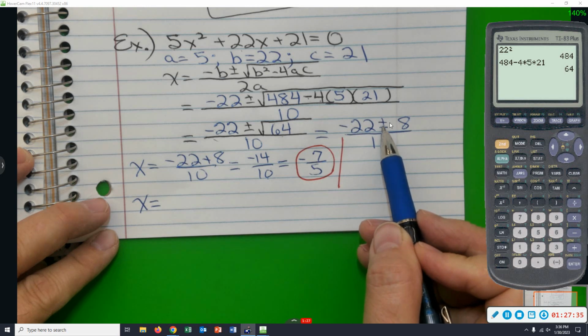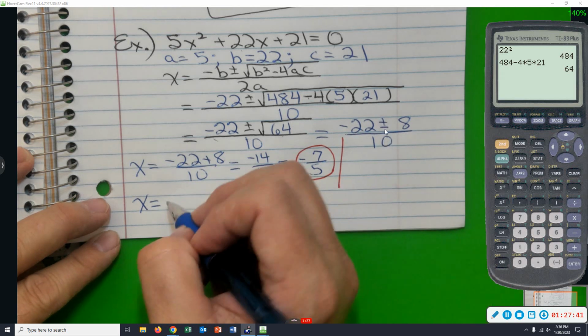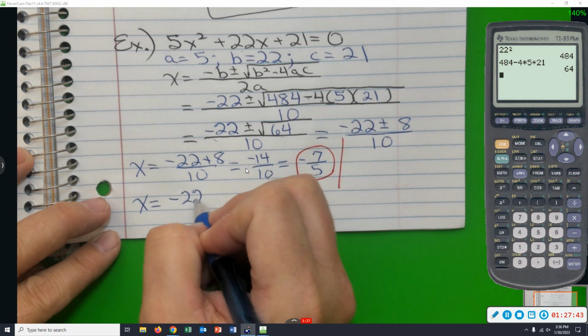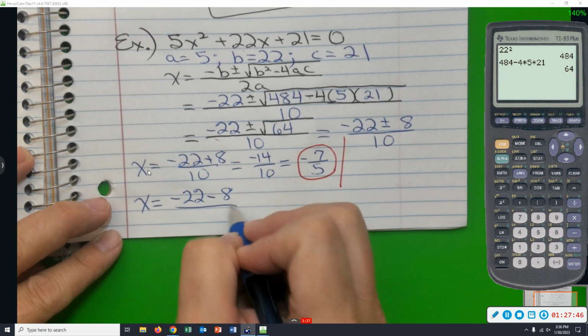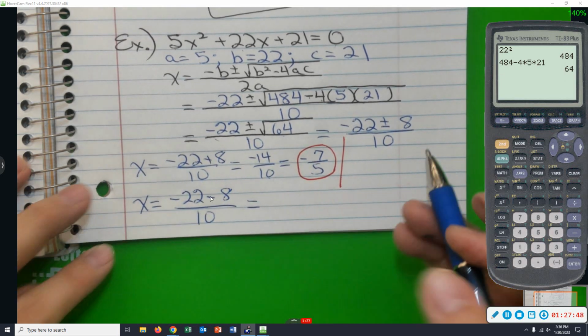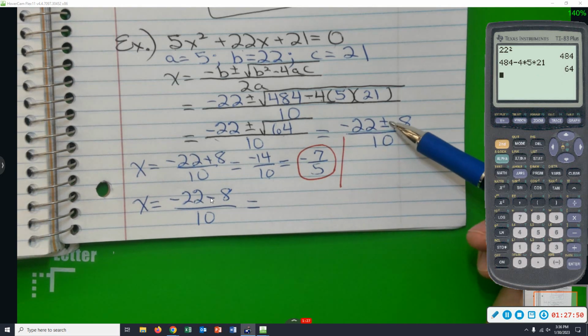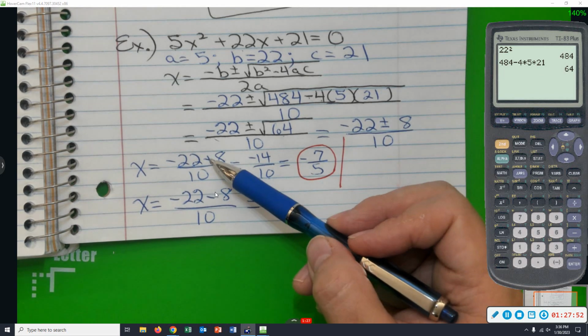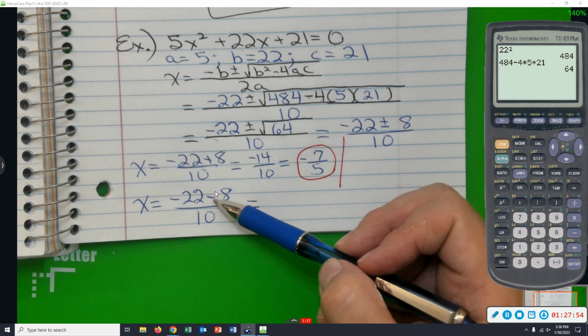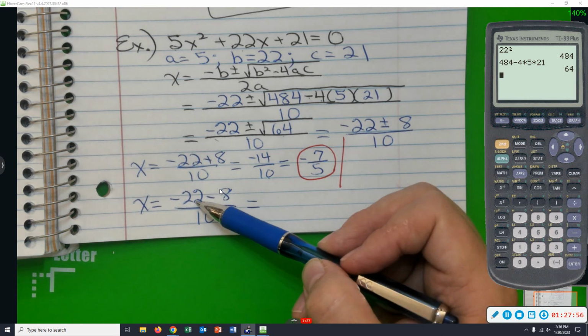This plus right here is the one that he wrote right there, but how do you assume that it's a plus? Well, you don't. It's both of them. He's about to do the minus. There's a plus 8 and then there's a minus 8. That plus minus means there's one possibility with the plus, the other with the minus.